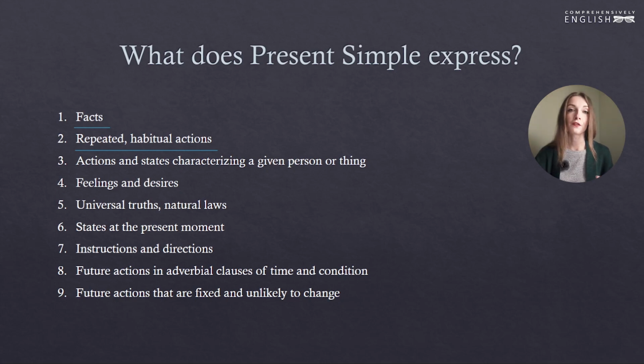You see that the first and the second options are underlined. This is because in majority of situations you will use the present simple to speak about facts and things that you do repeatedly in your everyday life. That's where we use this tense predominantly.